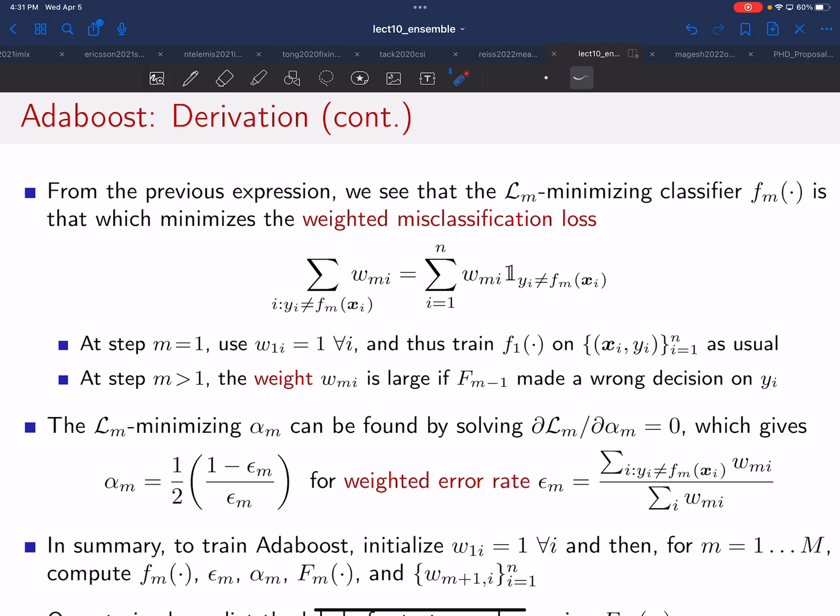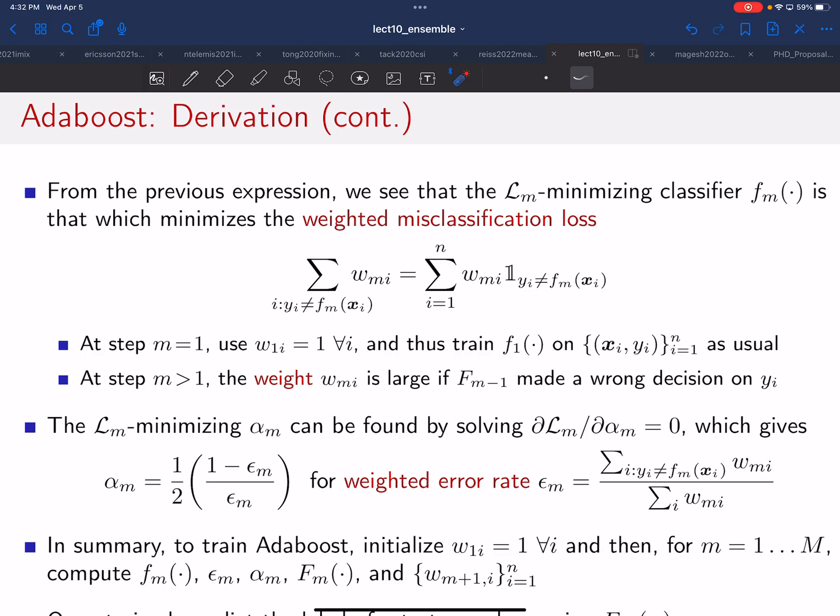Now, when the weights are not 1, it's a weighted error rate in the sense that some of the samples, when you make a mistake, you're counting them more or less than 1, just depending on how these weights are adjusted. And then this is relative to the sum over all the W's. So again, this will be a number between 0 and 1, but it will just have a slightly different interpretation than your standard error rate.